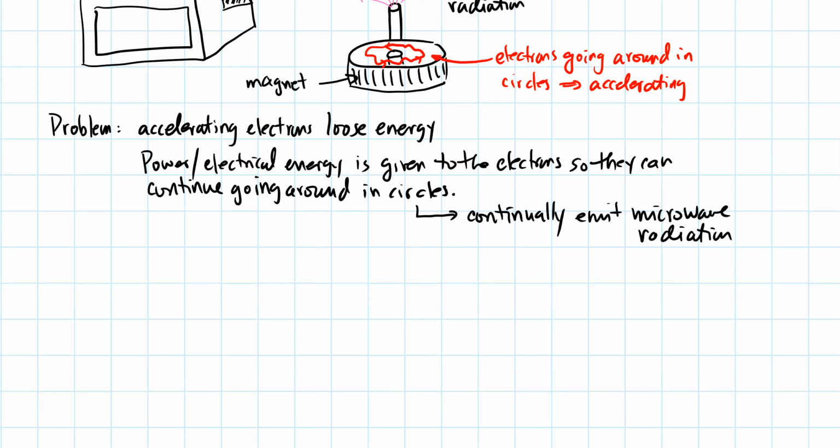If electrons are not continually given electrical energy from the outlet, the electrons will crash.